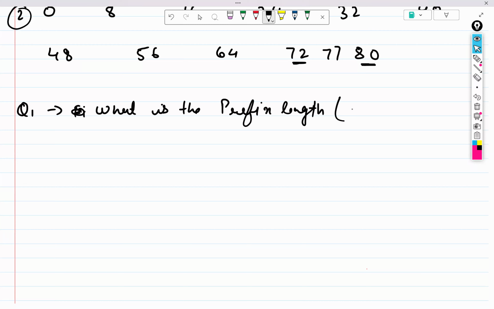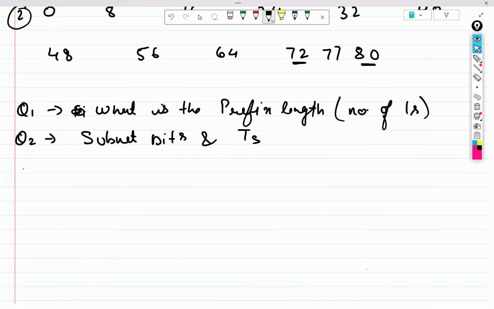Prefix length meaning number of ones. Second, how many subnet bits are there, and the total number of subnets? Third, host bits and total number of hosts per subnet. These are the three parts that we need to find out.